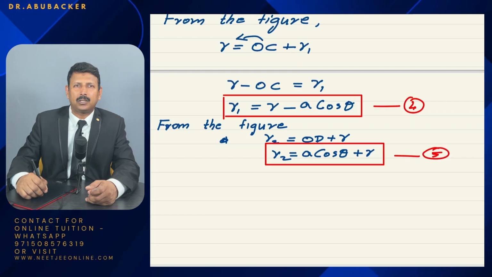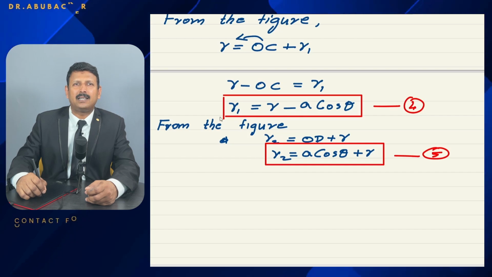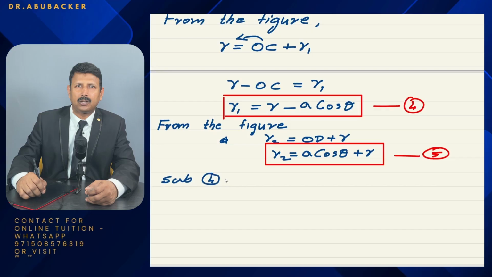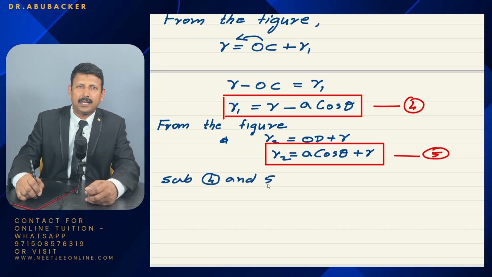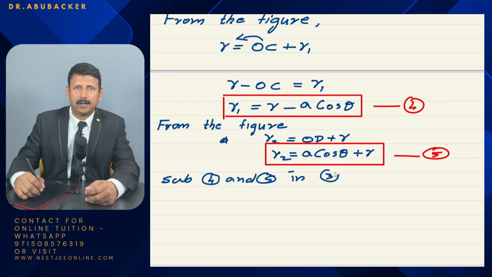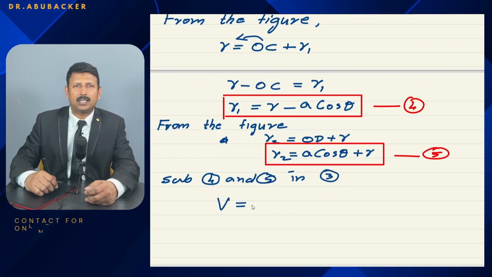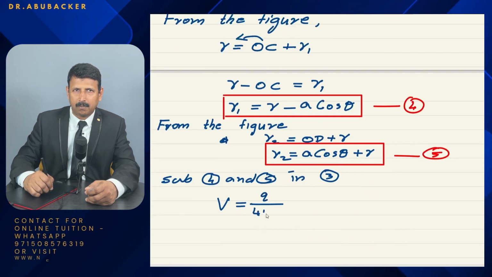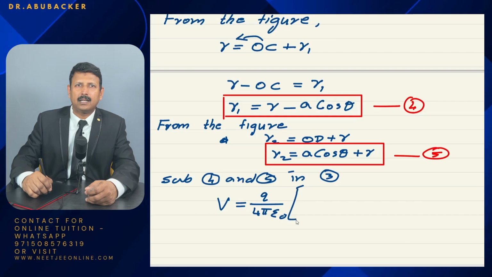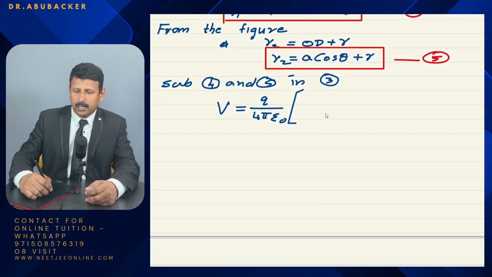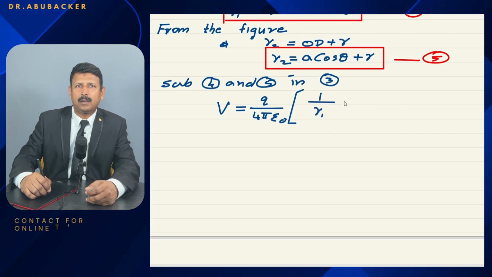Now this is the time to substitute this R1 value and R2 value in equation number 3. So let me write that one. Substitute equation number 4 and 5 in equation number 3. V is equal to q divided by 4 pi epsilon 0, open the bracket, 1 by R1 minus 1 by R2.